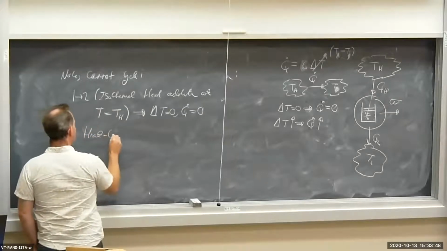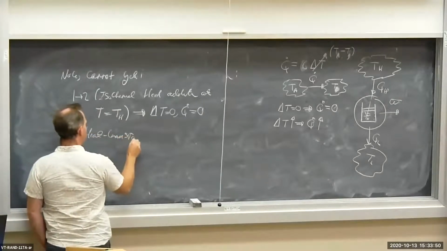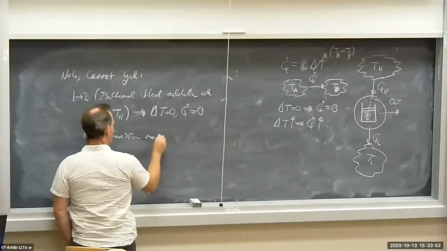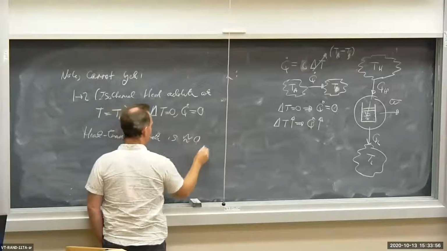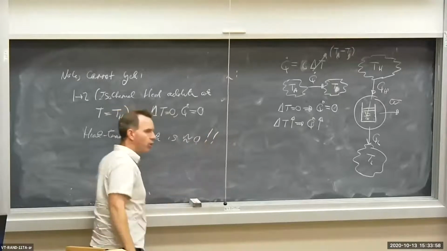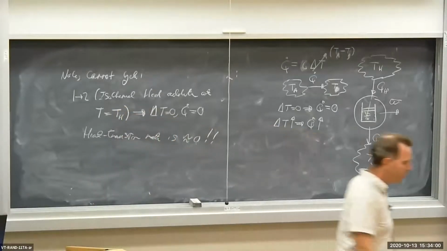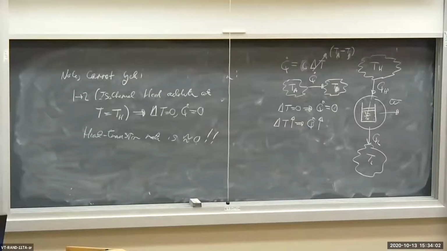Heat transfer rate is approximately 0 for the Carnot cycle. The Carnot cycle transfers heat at basically a 0 rate. The rate of heat transfer from the high to the low temperature reservoir and the rate of work produced is approximately 0 kilowatts.